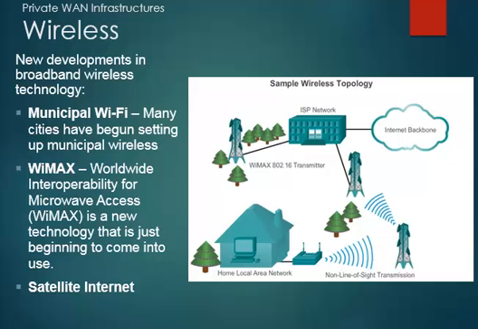Other wireless: we have WiMAX, Worldwide Interoperability for Microwave Access, a new technology that is just beginning to come into use. It is described in the IEEE standard 802.16. WiMAX provides high-speed broadband service with wireless access and provides broad coverage like a cell phone network rather than through small Wi-Fi hotspots.